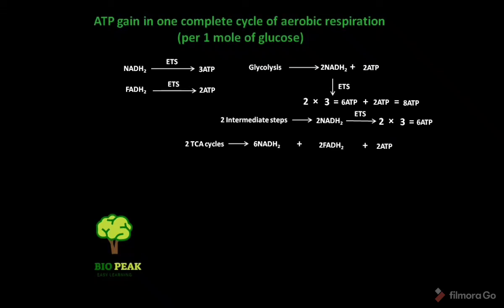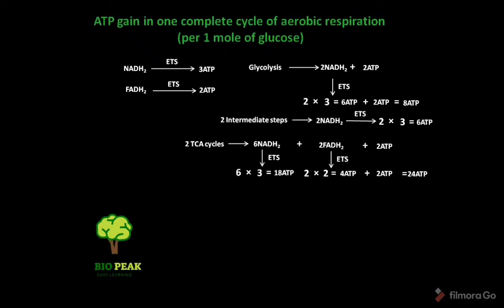These 6 NADH2 go through ETS to form 6 into 3 is equal to 18 ATP, and 2 FADH2 go through ETS to form 2 into 2 is equal to 4 ATP plus 2 ATP is equal to 24 ATP.